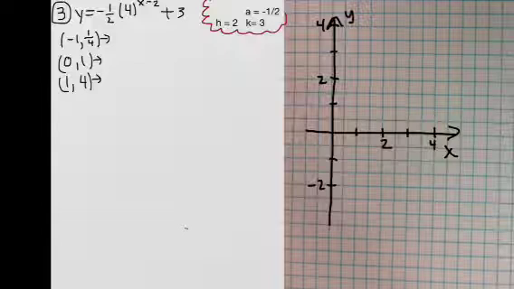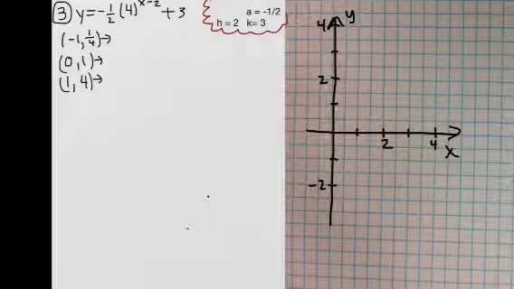So we know that how A affects the function is that it's a vertical compression, and being negative, there's going to be a reflection over the x-axis. So how we're going to demonstrate that in our graph is by multiplying the y values by -1/2.